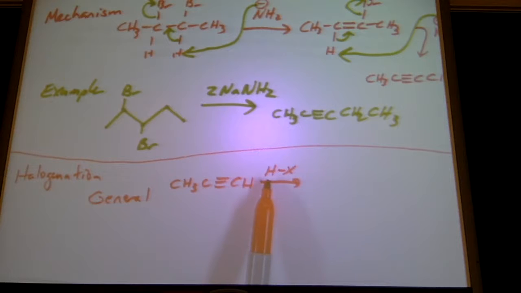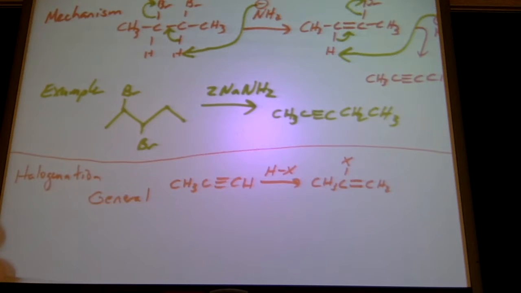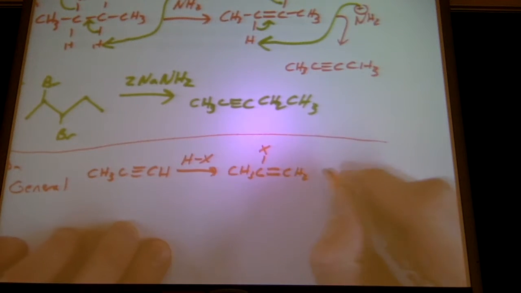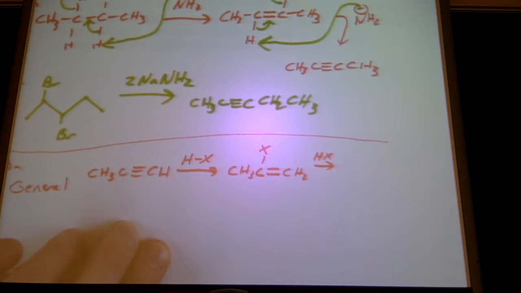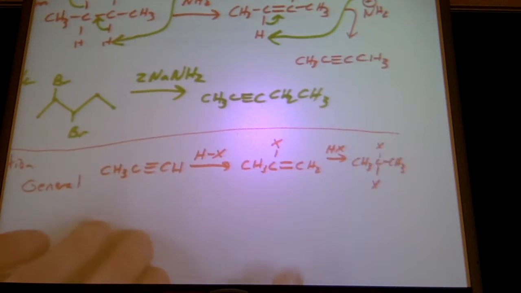So just like with alkenes, H adds to one side, X adds to the other side, and X adds to the most substituted position. So you get Markovnikov addition just like with alkenes. But this time after it adds to your triple bond, you still have a double bond left. So we can add again. We add 2 halogens to the most substituted position.